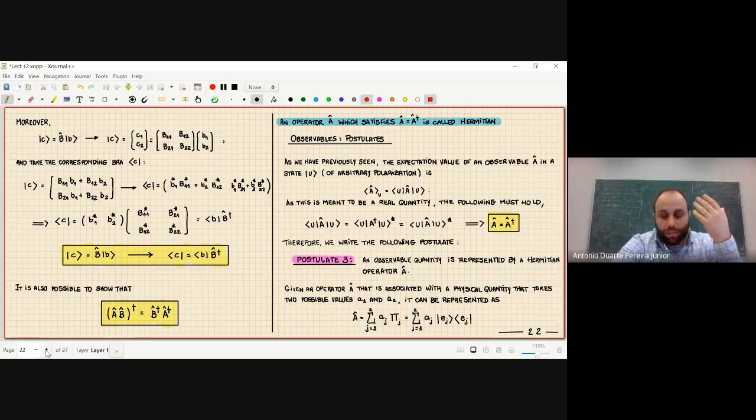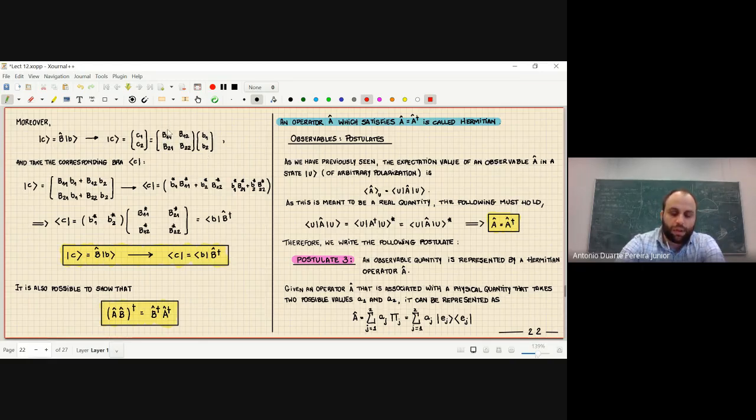And there is also an important thing, which is the following. Let's assume that I can obtain a cat C from the multiplication of a matrix B times another cat b. Okay, so C, which has the column representation C1, C2, is obtained by the product of this matrix B11, B12, B21, B22, with b1, b2. So if I take the product here, I'll have this row multiplying this column.